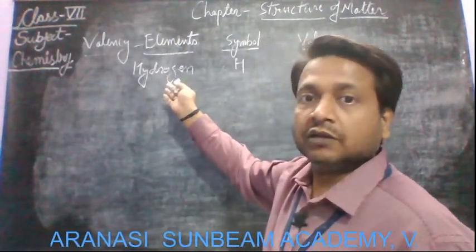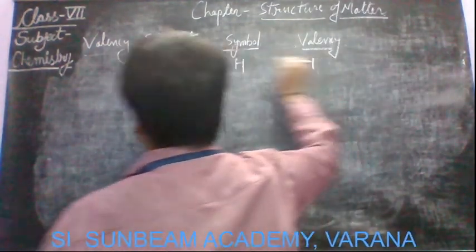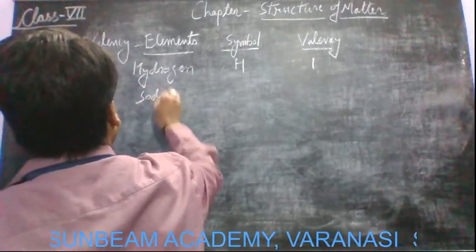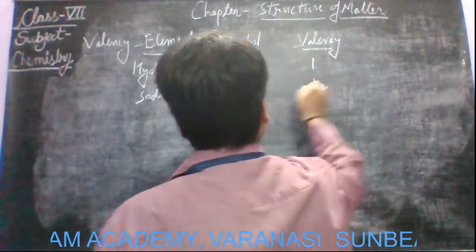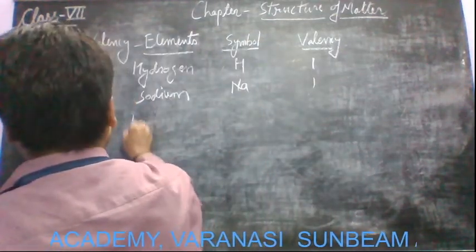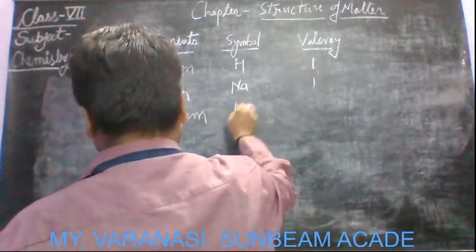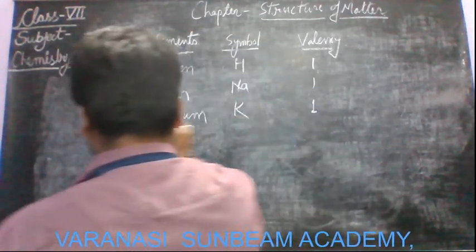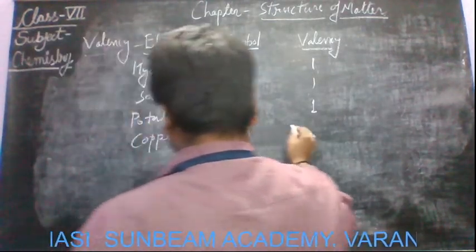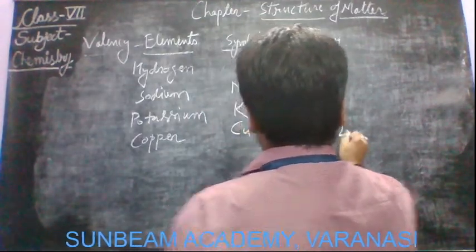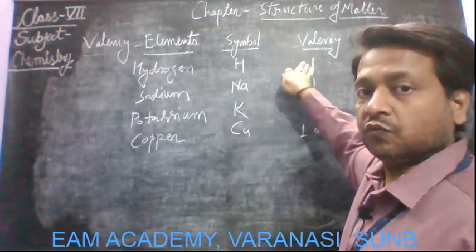Hydrogen, symbol H, as you already know, and its valency is 1.